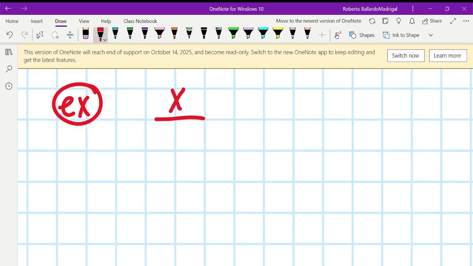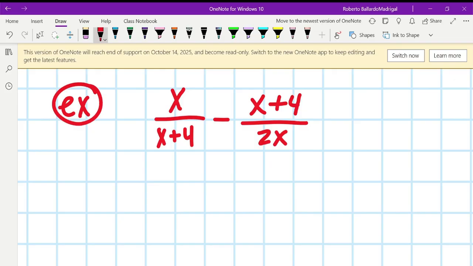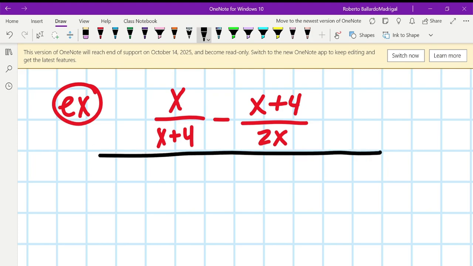x divided by x plus 4 minus x plus 4 over 2x. That's just the numerator. Here goes your denominator: x plus 4 over x squared minus 4 over x plus 4.